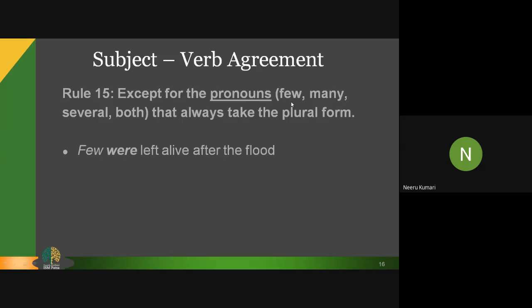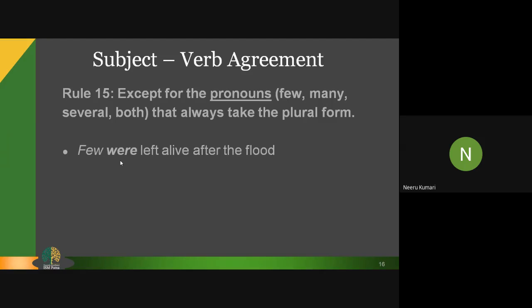So I want everybody to keep a paper and pen with you and keep noting down these words. Whenever we talk about few, many, several, both, the plural form of the verb, please remember, based on the subject, the verb that agrees with the subject, as the subject is plural, so the verb that you're going to include here would be either are or were.